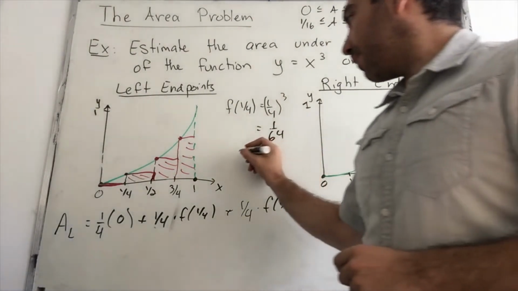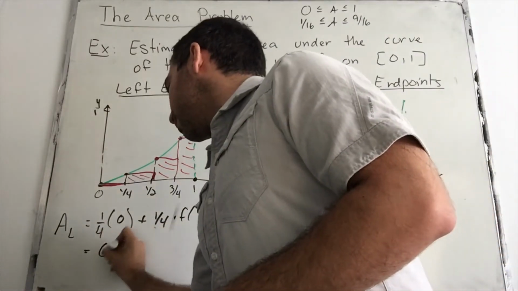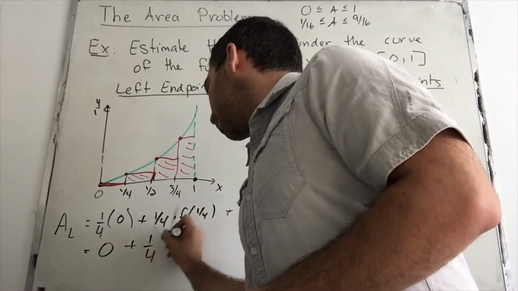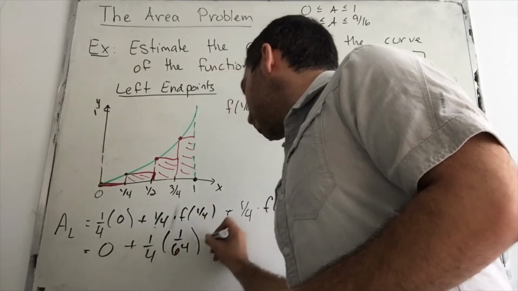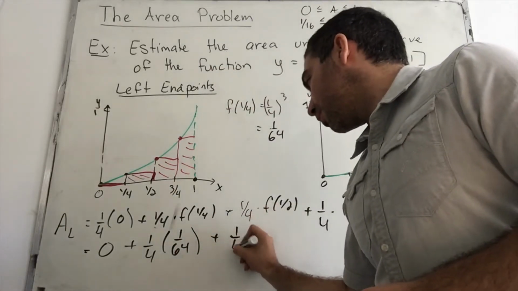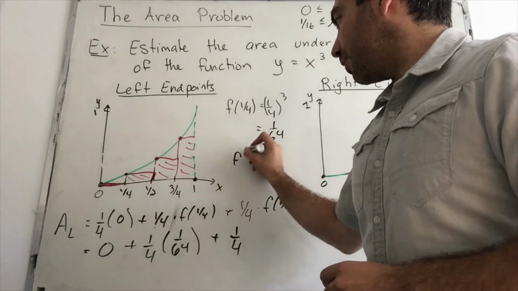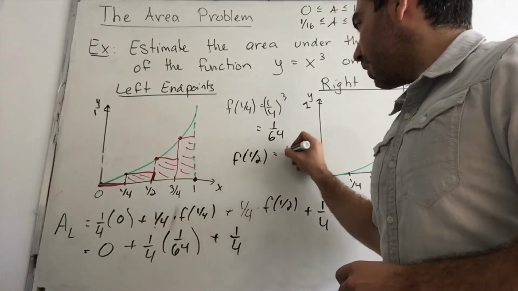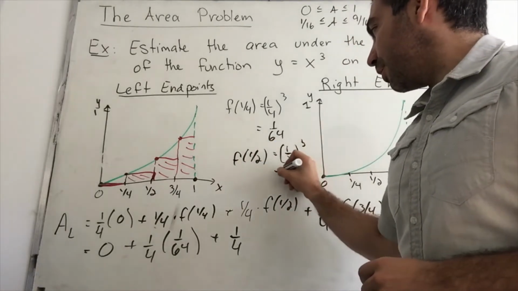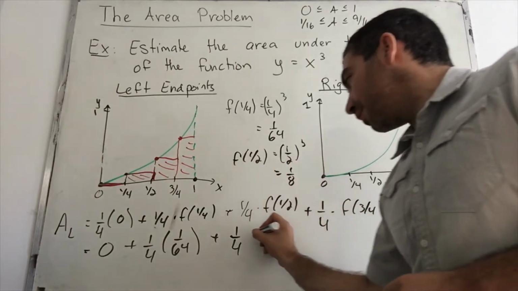If we plug in a half, so let's plug this in here. We get 0 plus a quarter times 1 over 64 plus, here it's a quarter, f of a half, which is a half cubed, which we saw earlier is 1/8.